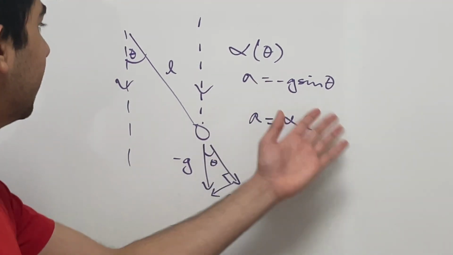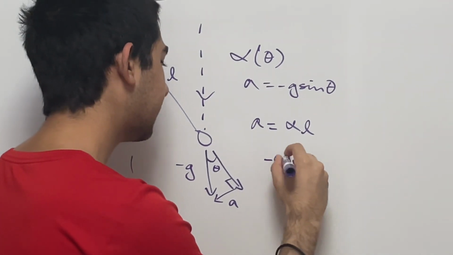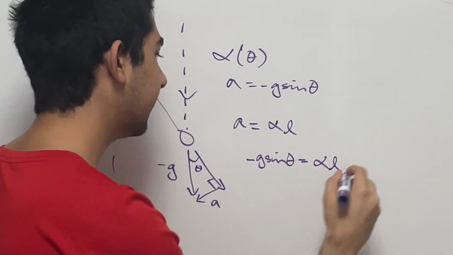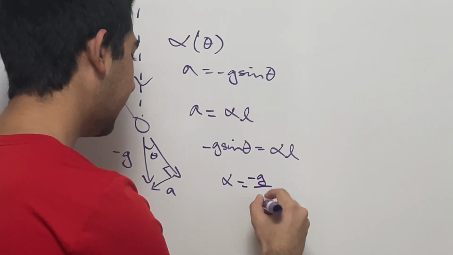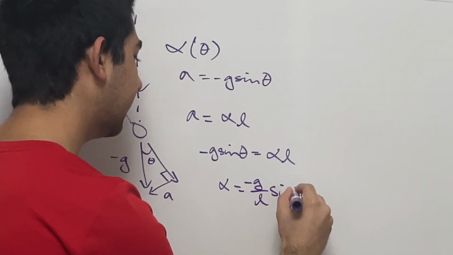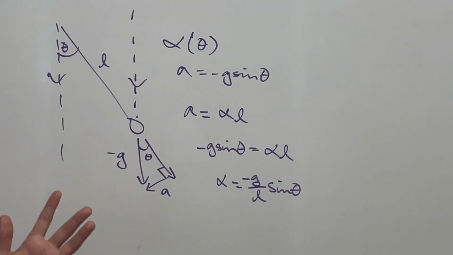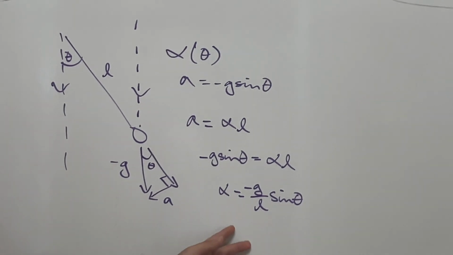But we know the tangential acceleration is negative g sine theta. So you get negative g sine theta is equal to alpha times L. We get alpha is equal to negative g over L sine theta. That's great, but the question remains, why do I want to find angular acceleration in terms of theta?